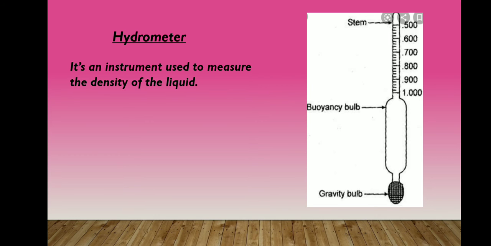In that one there are lead shots. Why is there lead shot? Because it's very heavy, so it helps to keep the hydrometer erect in the liquid. And the calibration marks are there, calibrated from top to bottom in this method.